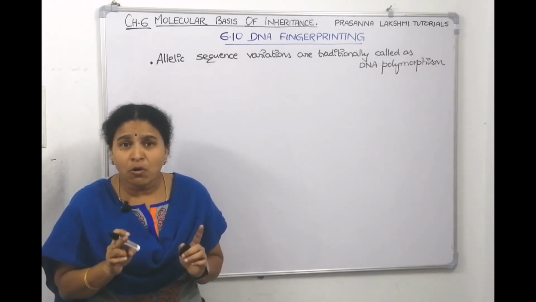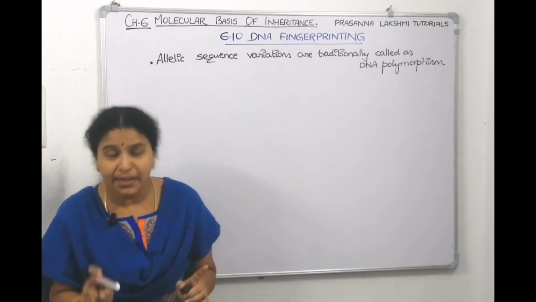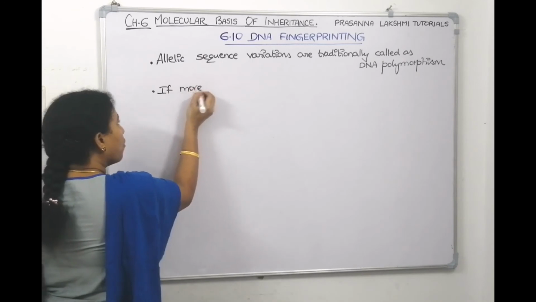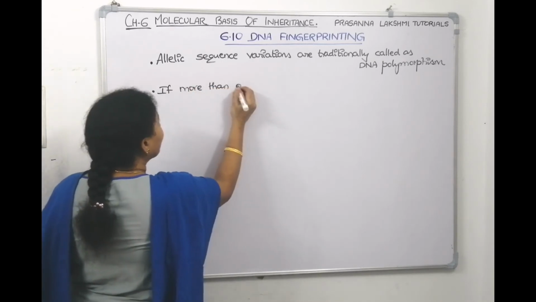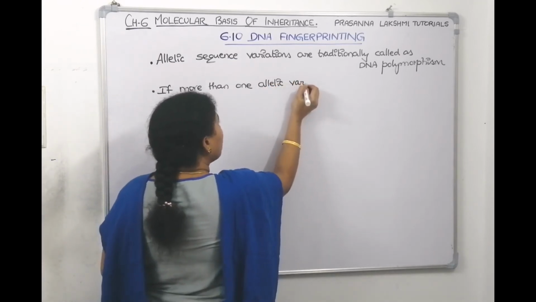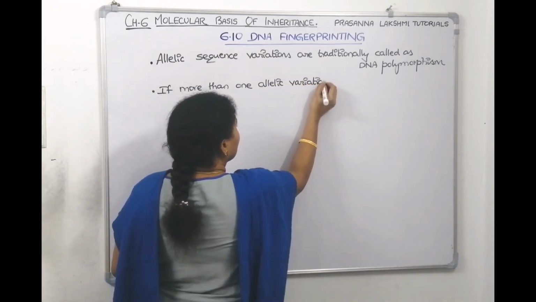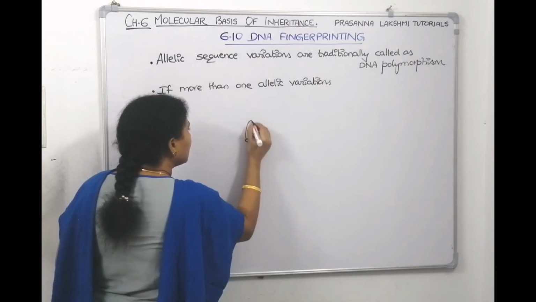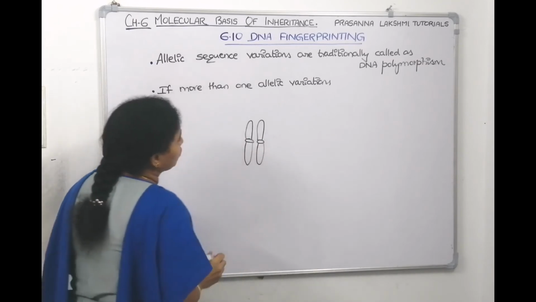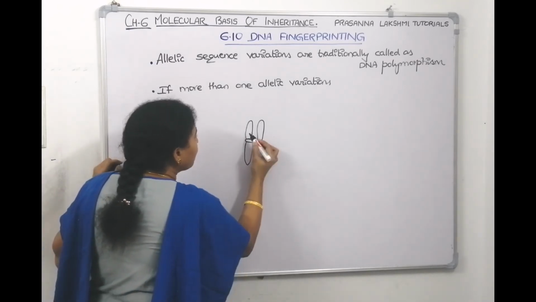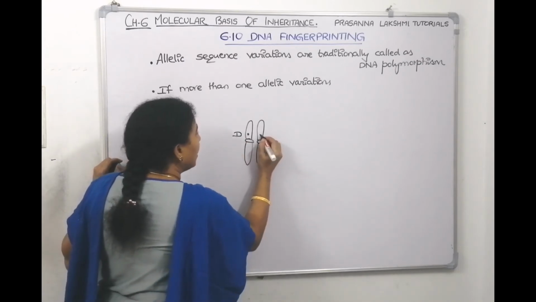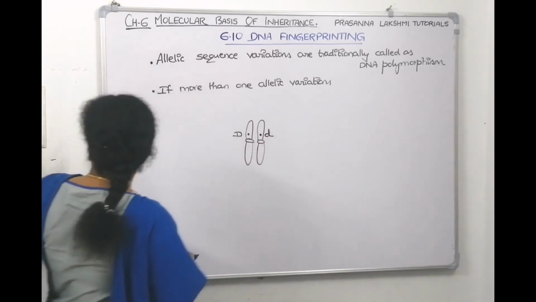Now, if more than one allelic variation occurs at a locus. This is a pair of homologous chromosomes. On this pair, this is a gene D, and another D. I wrote capital D and small d.